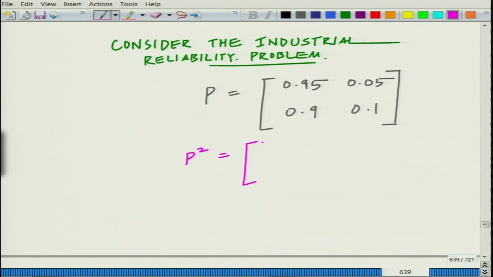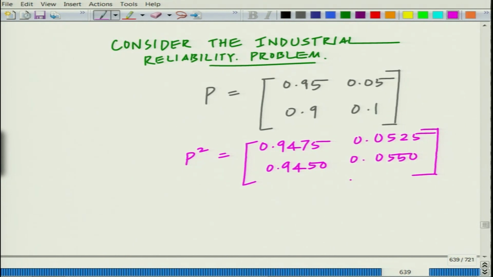this is going to be 0.9475, 0.0525, 0.9450, 0.0550, and we know that P square gives the two step transition probability, that is, the probability Xn plus 2 equal to Sj given Xn equal to Si, that is the element Pij.